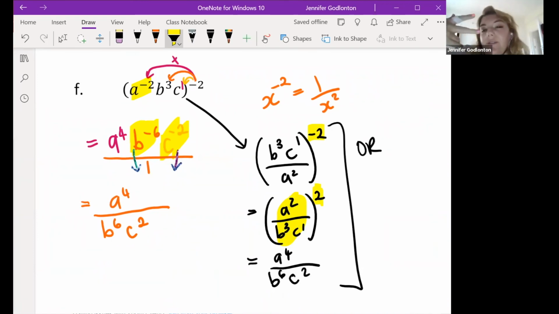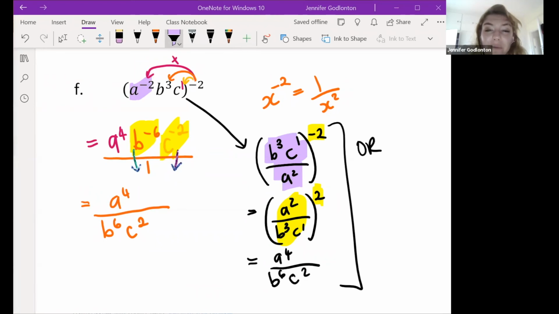So all we've done there is flip our fraction and make our exponent positive. But ma'am, there were no fractions. Yes, so in this first step over here, we created the fraction because this a to the negative 2 is negative. And because it's negative, we would move it down so that it would become positive. So we made that fraction. Okay, ma'am. Thank you, ma'am. Sure.